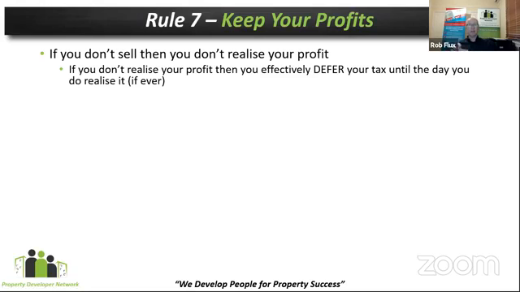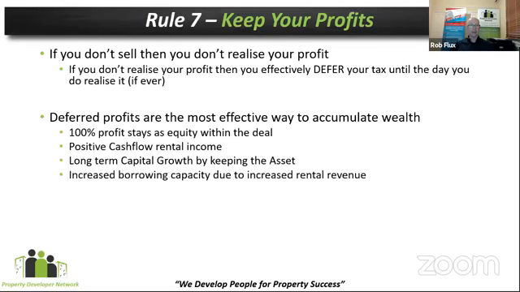It's a way to defer the tax to some future point in time if we ever go to sell the property. But why would you sell the property if it's generating all that passive income? So what we're trying to get to is a point where we can keep a property that doesn't get cashed down, meaning that we get to keep 100% of the profit actually in the deal. And I'll show you how that works in a sec, okay?